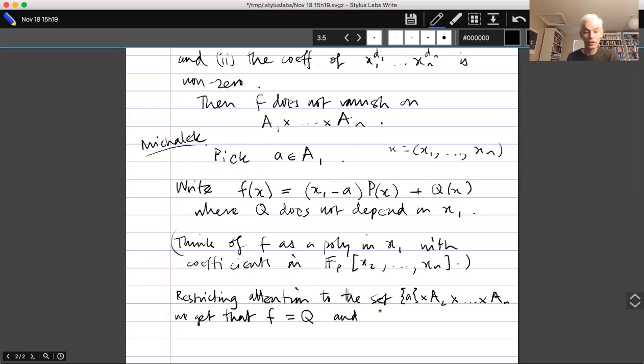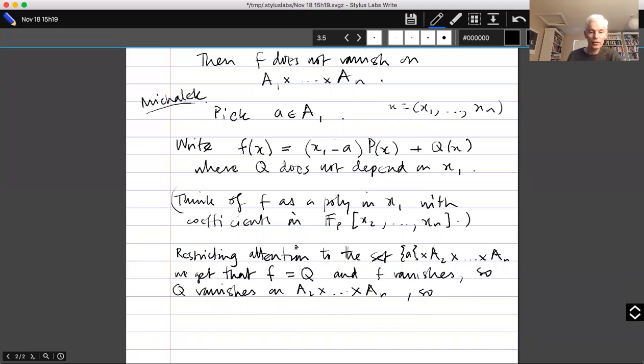And f vanishes, so q vanishes on {a} cross A2 cross up to An. But q doesn't depend on x1.